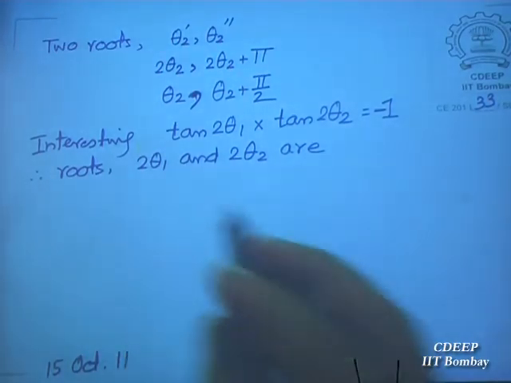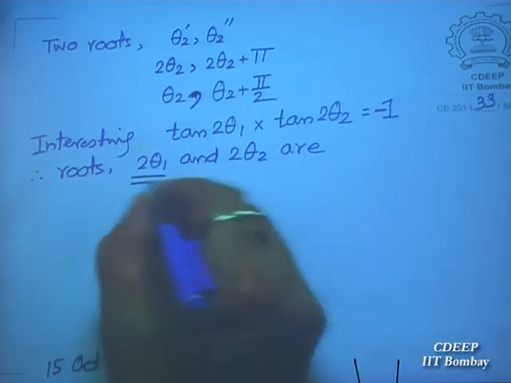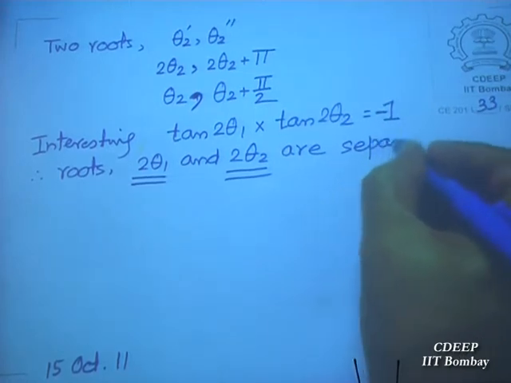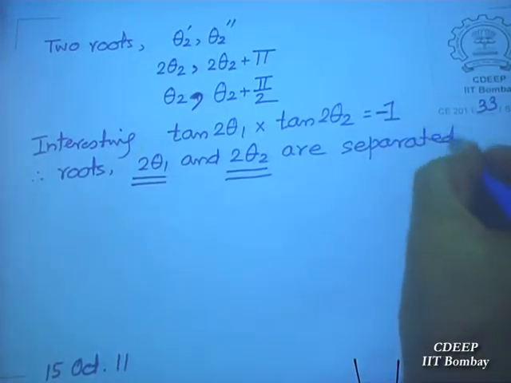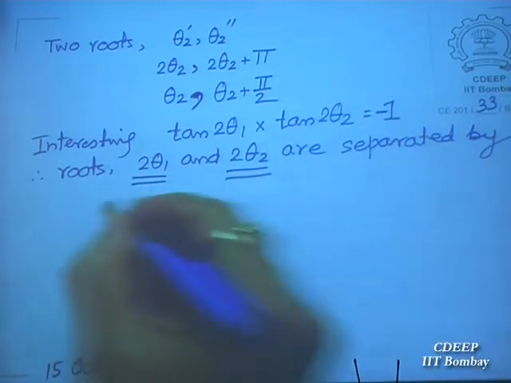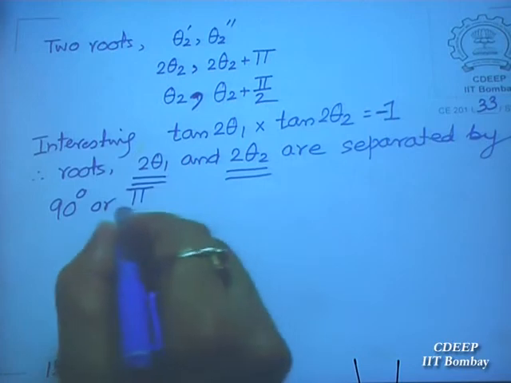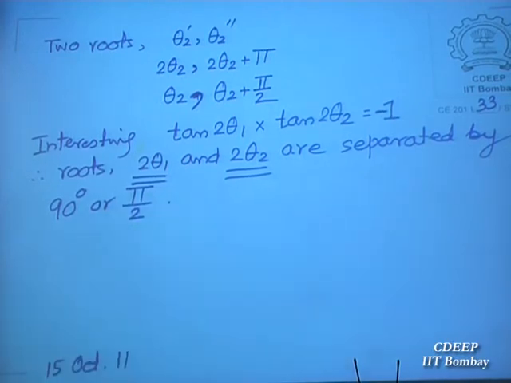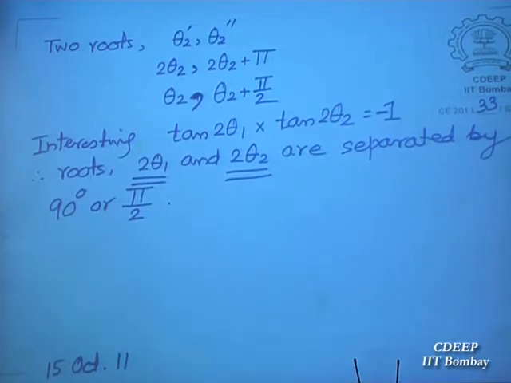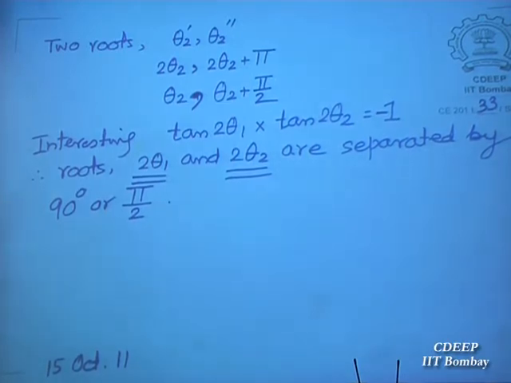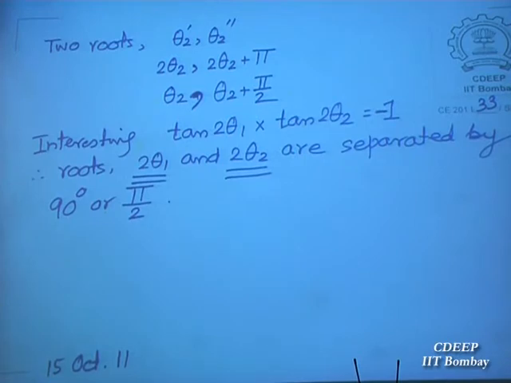So that means the roots 2 theta 1 and 2 theta 2 are separated by 90 degrees or pi by 2. That means the angle between theta 1 and theta 2 is 45 degrees.